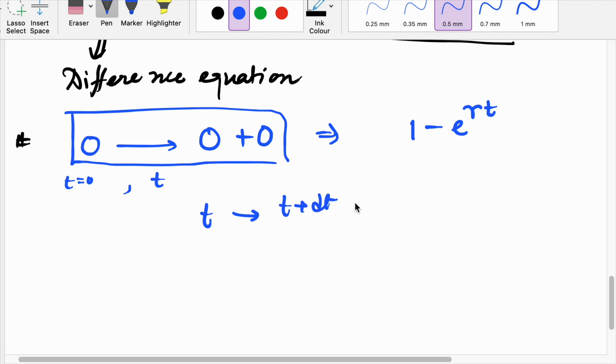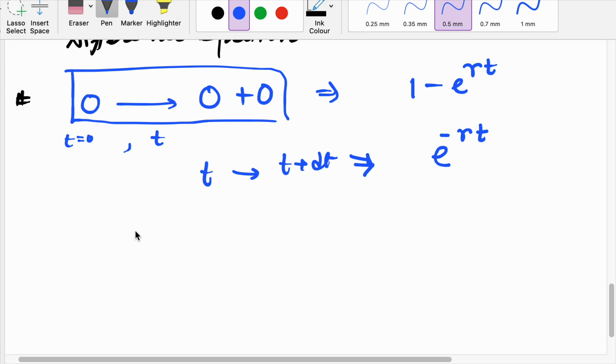Here I take time as continuous. If the probability density is e to the power minus rt, and I ask the probability that one of these processes will happen if I wait from 0 to time tau, that is the integration from 0 to tau of e to the power minus rt, and you will find this is 1 minus e to the power minus r tau.